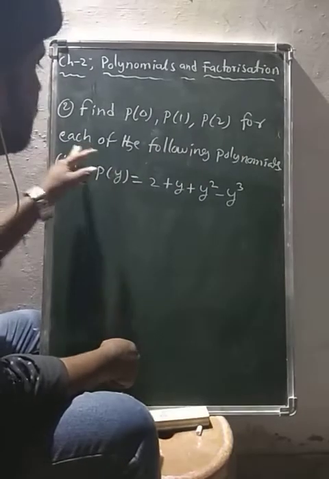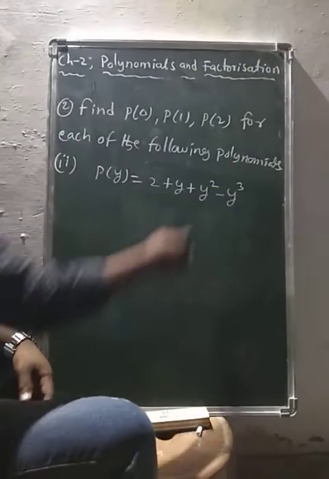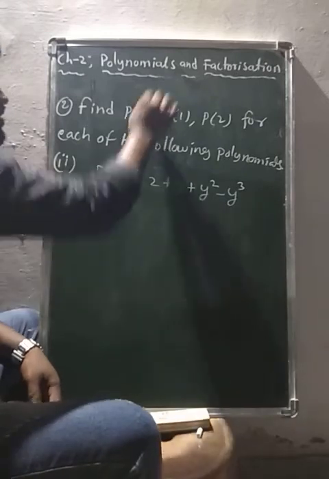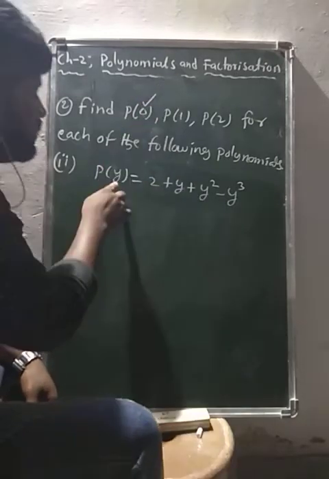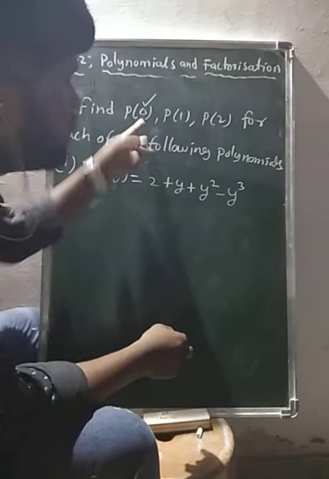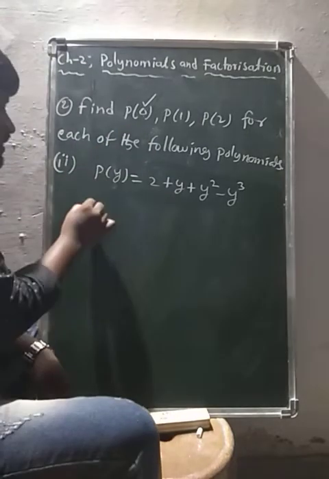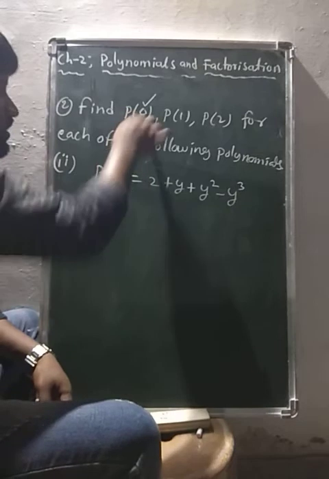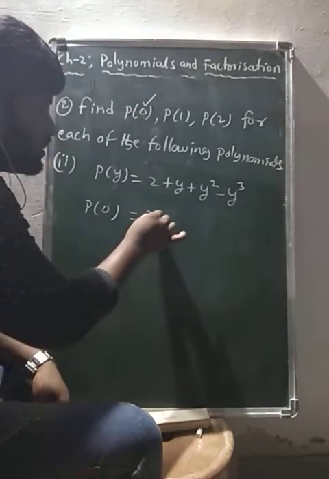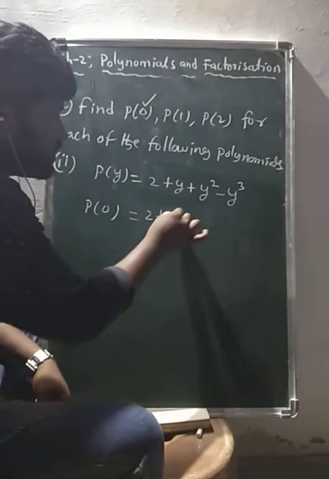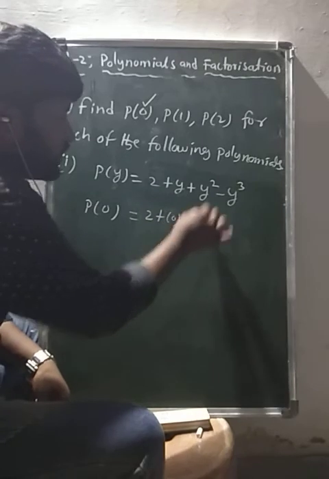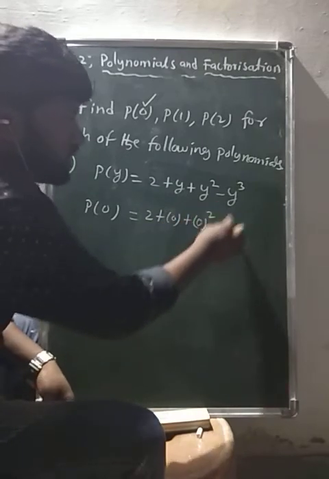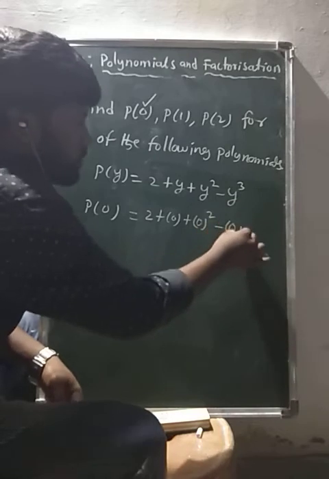So in the place of y, just substitute 0, that is, replace y with 0. Okay, now P of 0: in the place of y we substitute 0. That is 2 plus y means 0, y square means 0 square, minus y cube means 0 cube.